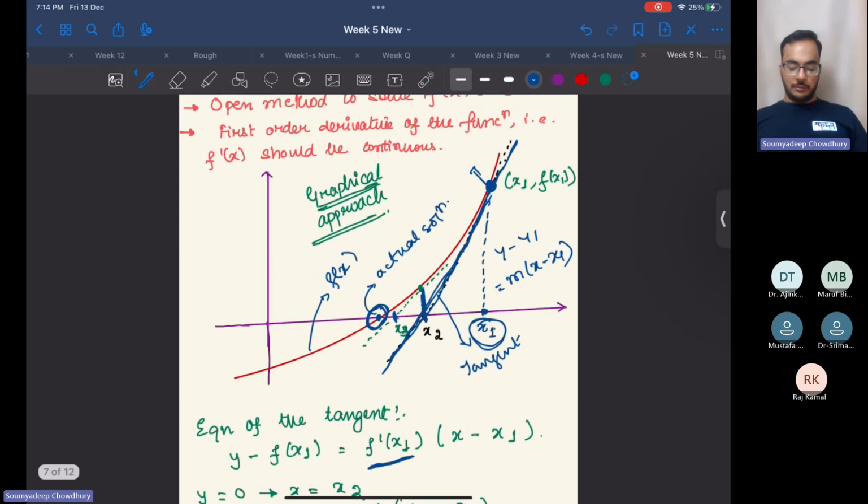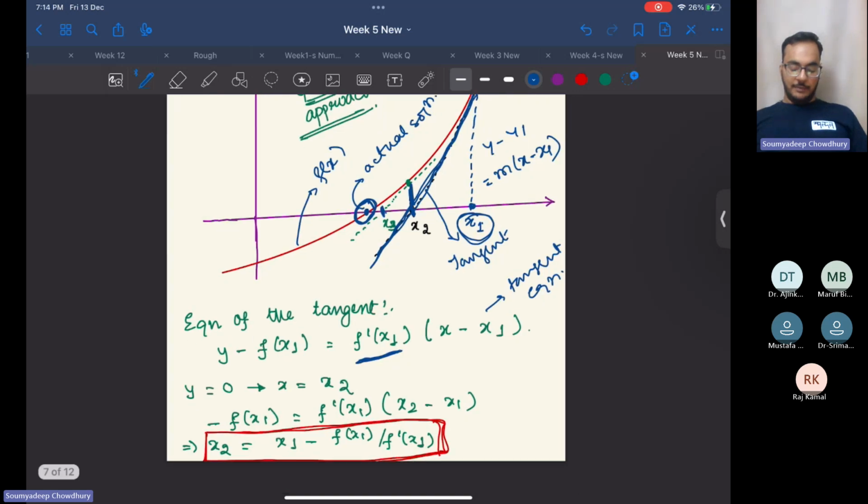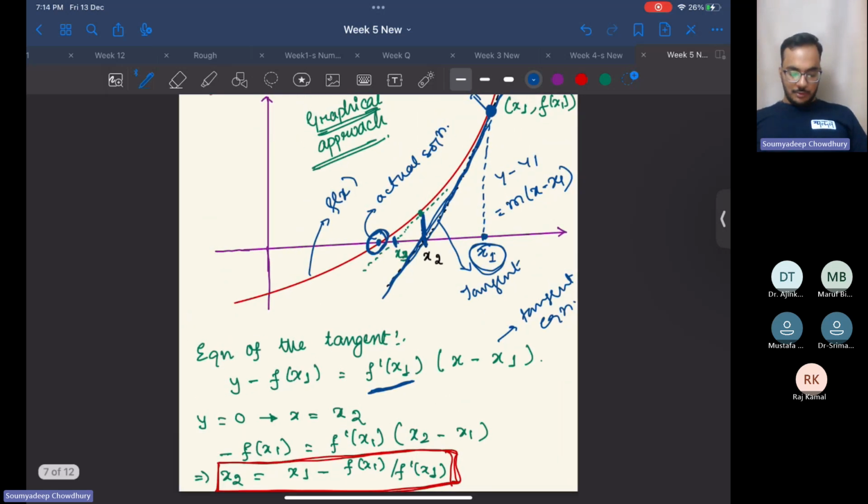Now, as I told you, this is the tangent equation. From this tangent equation I want to find out the solution. What is the solution? It is the intersection point of the tangent with the x-axis. On the x-axis, we know that y is 0. So in this equation we substitute y equals 0 and find out x.